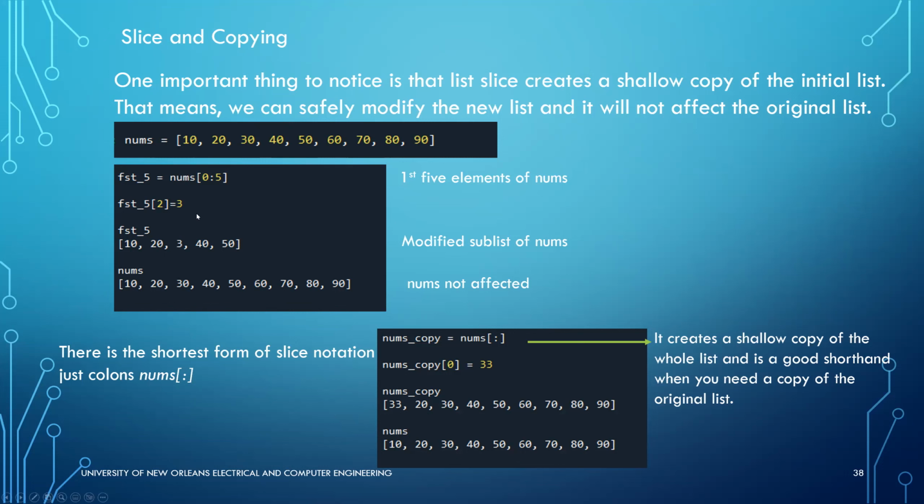Because as you remember, the first statement simply puts the numbers 10, 20, 30, 40, 50 into fst_5, but now I'm saying I'm going to replace the number at index 2 with 3.